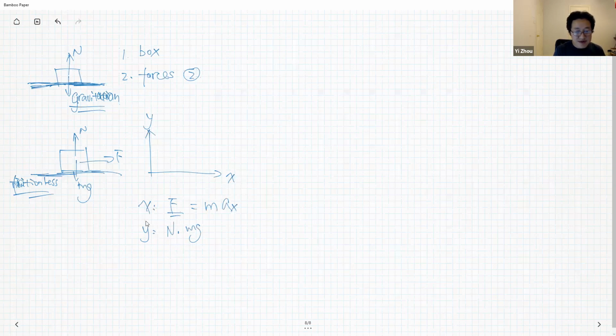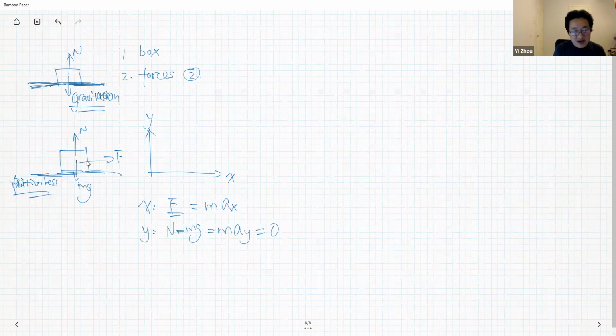The sum of the force in the y direction, because N is going up and mg is going down, is N minus mg, equal to m ay. So what is ay here? 0, because there's no movement in the y direction.